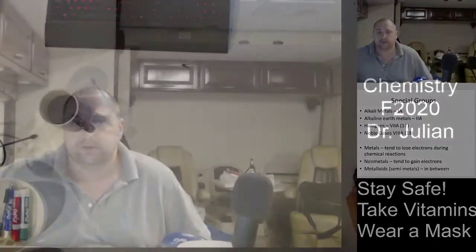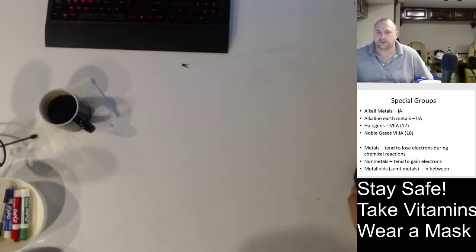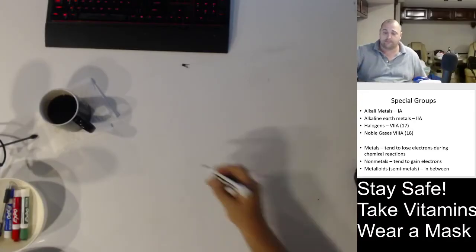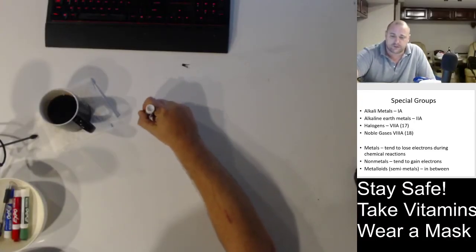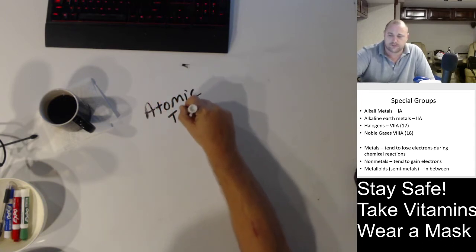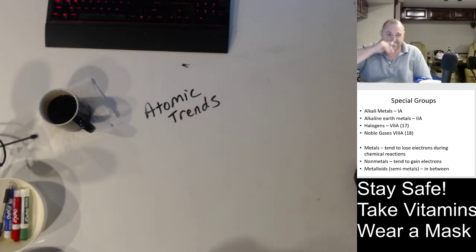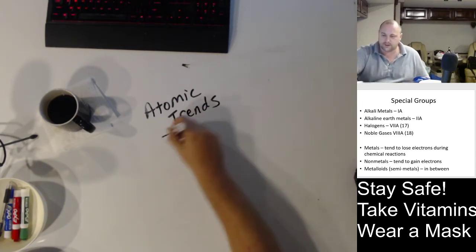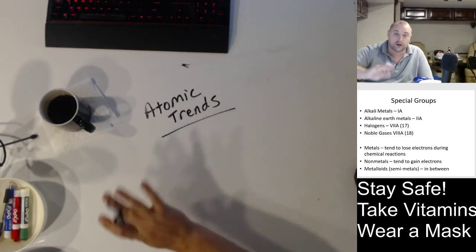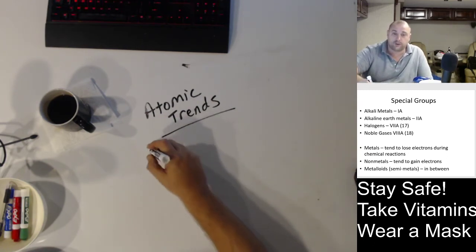Okay. All right. So let's look at our trends. Let me make sure we don't have anything over here else I need. We'll deal with those later. I want to do our trends. All right. So atomic trends. It doesn't really matter which book you're in. I've always seen this taught in the same order, and we're going to use that to our benefit.